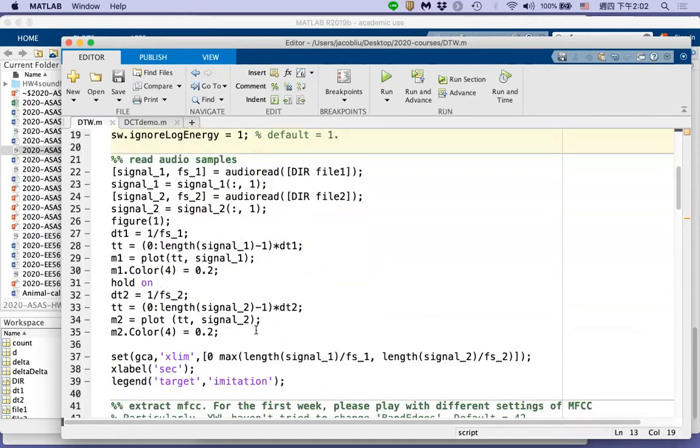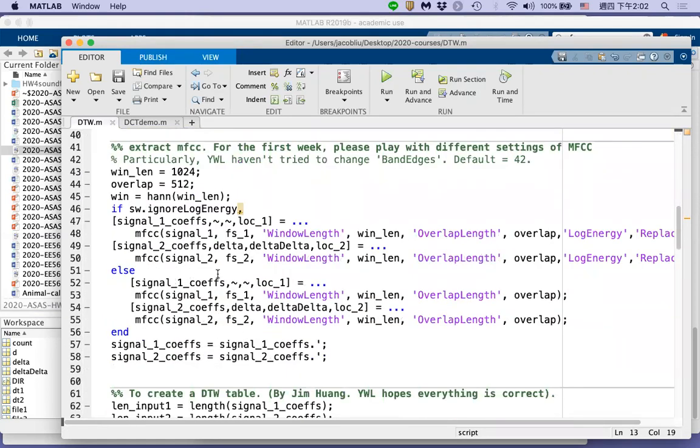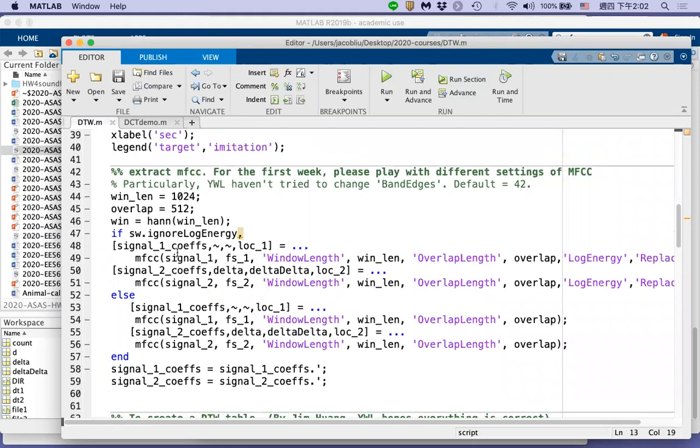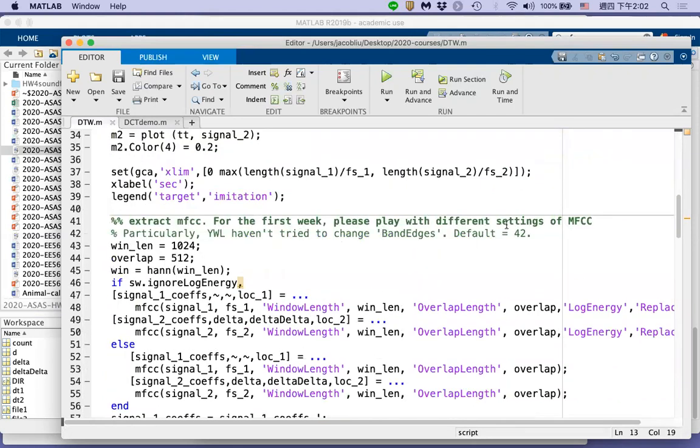In this code, first, the MFCCs for the 2 signals are calculated right here. I encourage you to play with different settings of MFCC. This is the baseline. For example, I didn't bother to change the number of bands, and I checked the default is actually not 20, but 40, 42.